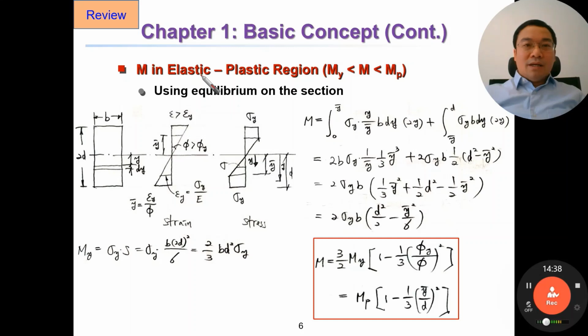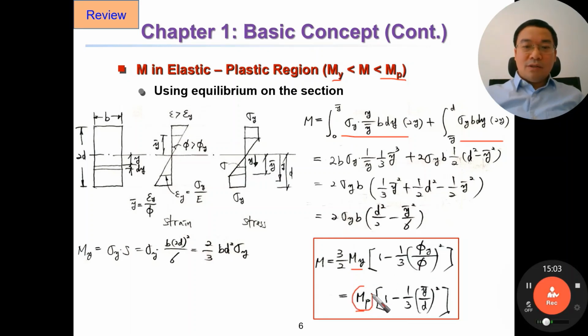M in the elastic plastic region, M greater than My and smaller than MP, for a rectangular section, we take integration of plastic and elastic, and finally we have this equation. M equals a function of My or MP.